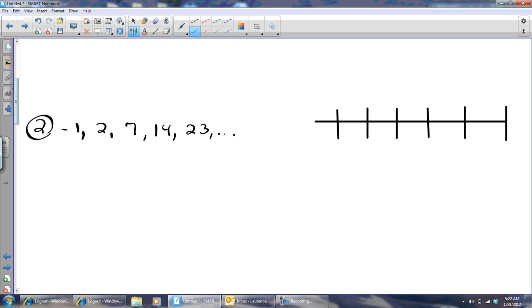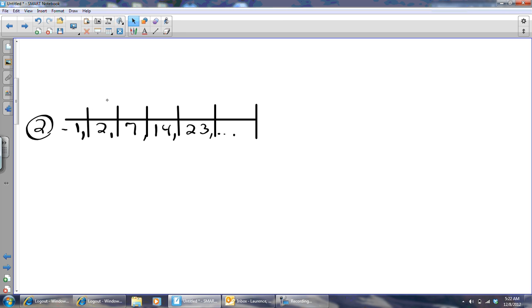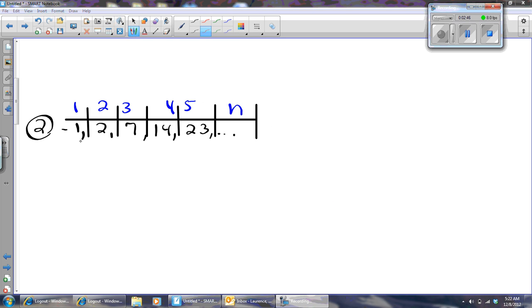All right, so let's look at the second example here. And put my ready-made table there. And we're going to fill in the numbers 1, 2, 3, 4, 5, and then of course n. And then we're going to find our first differences.